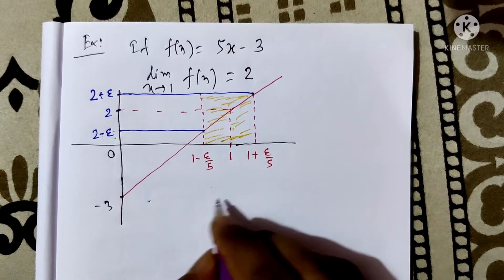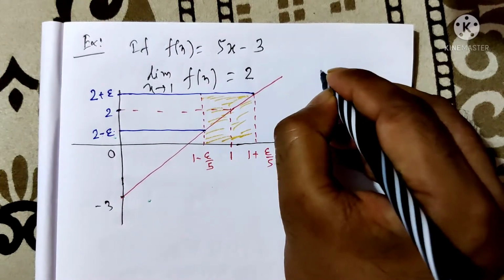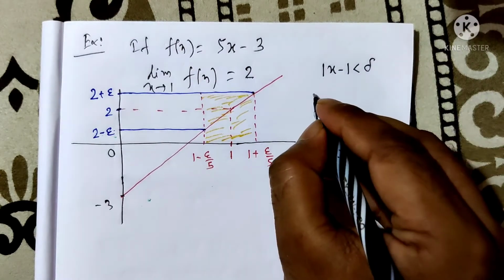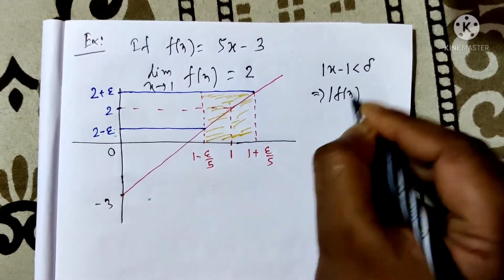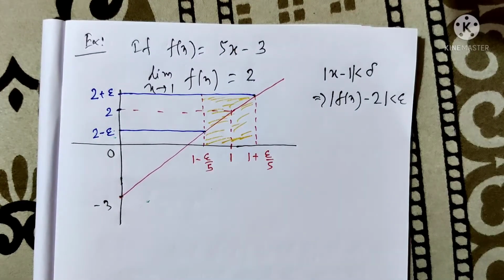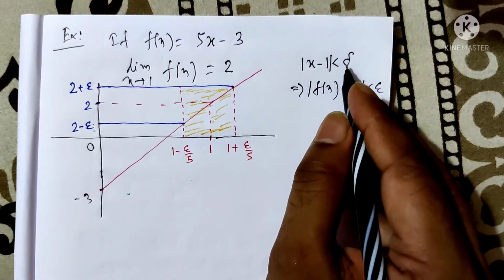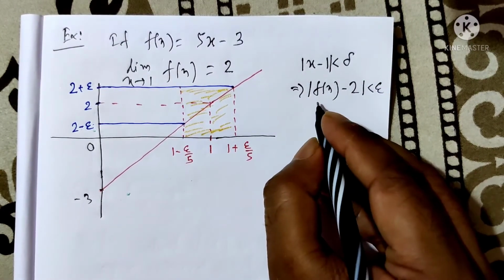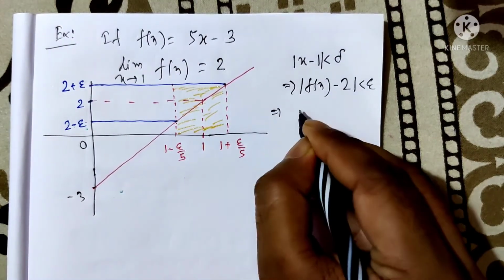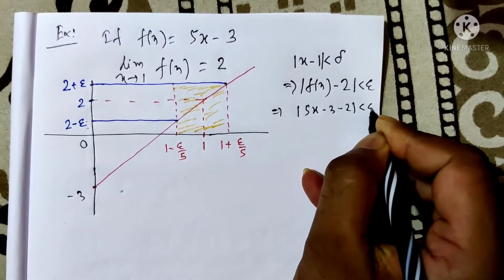Here we choose delta. So how to choose delta? Modulus of x minus 1 less than delta implies modulus of f(x) minus 2 less than epsilon. What is the value of delta? f(x) is nothing but 5x minus 3. So modulus of 5x minus 3 minus 2 less than epsilon.